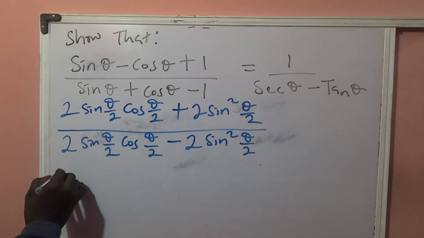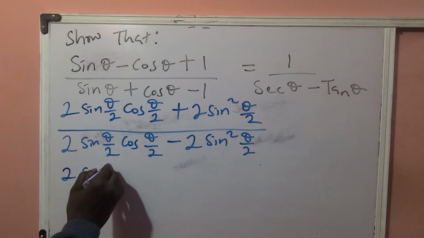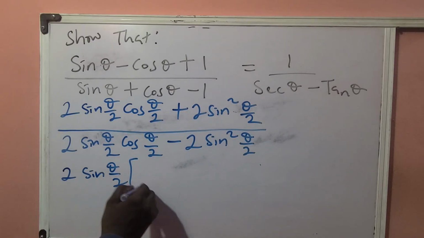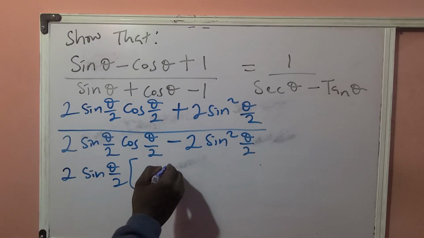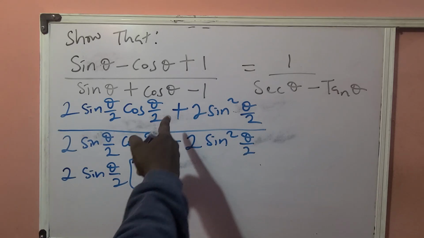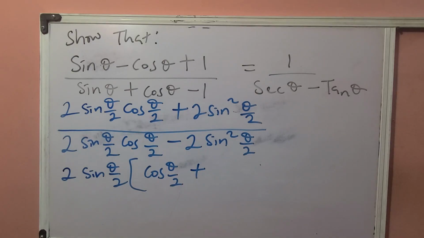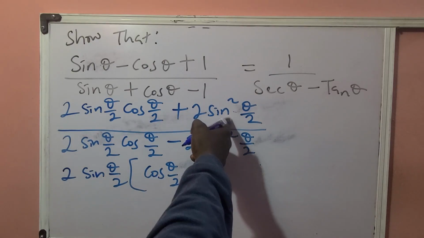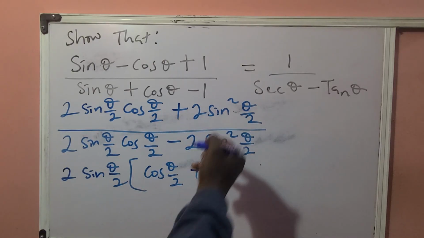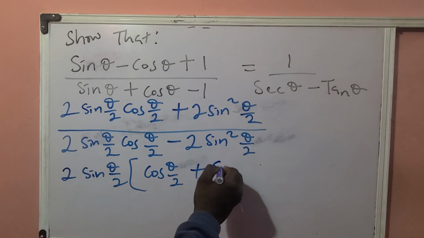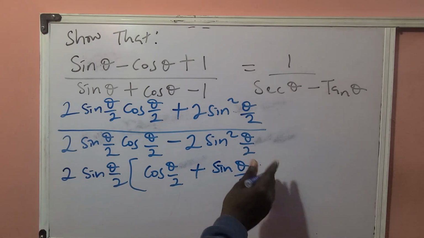I won't be wrong if I bring out 2 sine theta over 2, and then I'll have a resultant of cos theta over 2, and in this case plus, we'll be left with just 1 here, because we have brought out 2 sine theta over 2. So we're left with sine theta over 2 here.